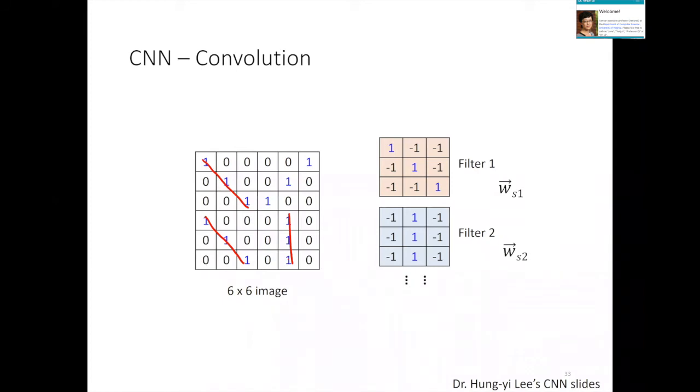Actually very easy. I just design a detector where all the diagonal terms are 1 and everything else is -1, which means if the diagonal is 1, 1, 1, I like it.